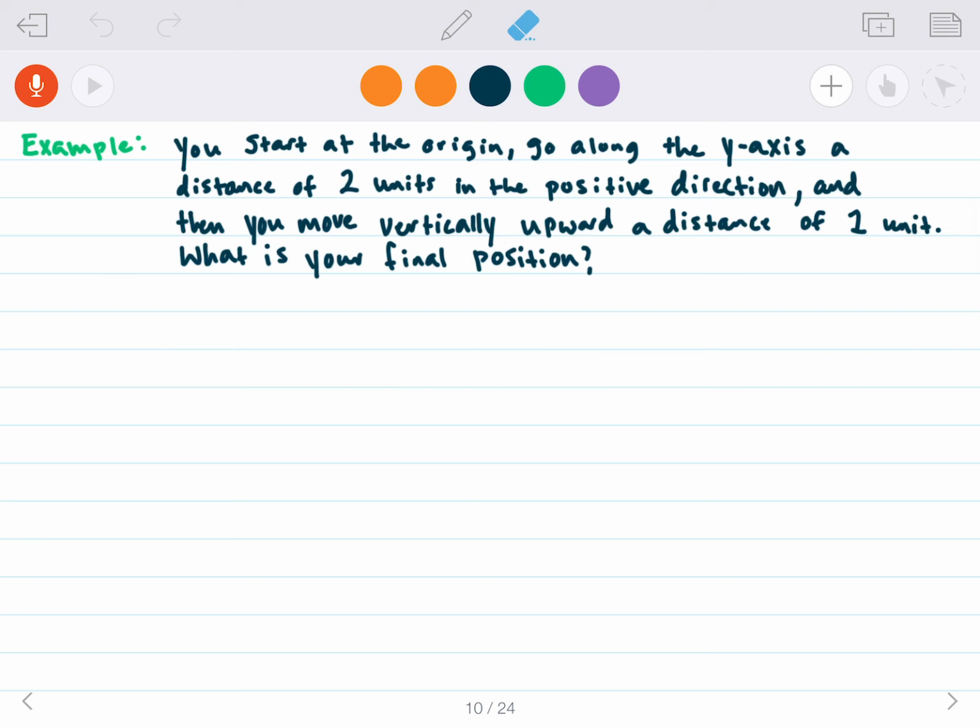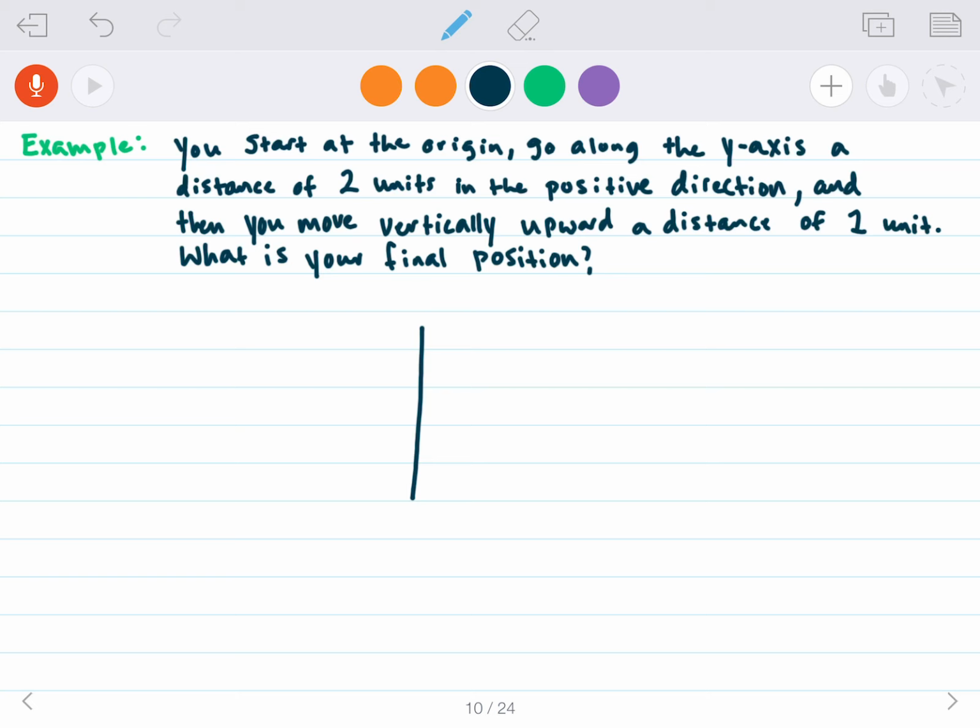Okay, let's do another example. You start at the origin, go along the y-axis at a distance of 2 units in the positive direction, and then you move vertically upward a distance of 1 unit. What is your final position? Okay, let's go ahead and think about this. Let me just draw a little sketch here.